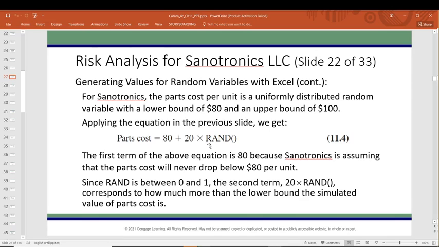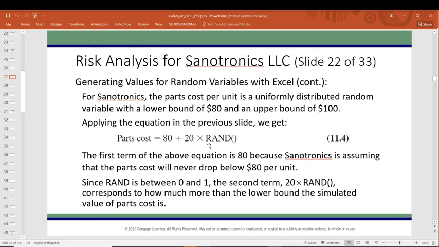By closely examining the equation, we can understand how it uses random numbers to generate uniformly distributed values for parts cost. The first term of the equation is 80, because Sonatronics is assuming that the parts cost will never drop below $80 per unit. So this is the lower bound.